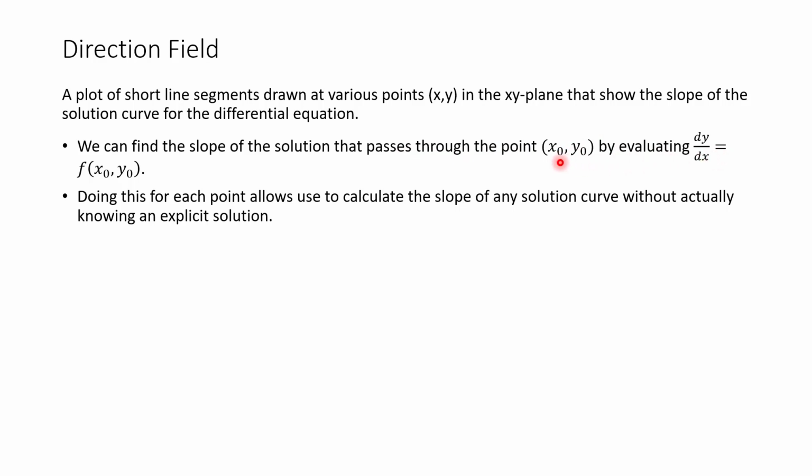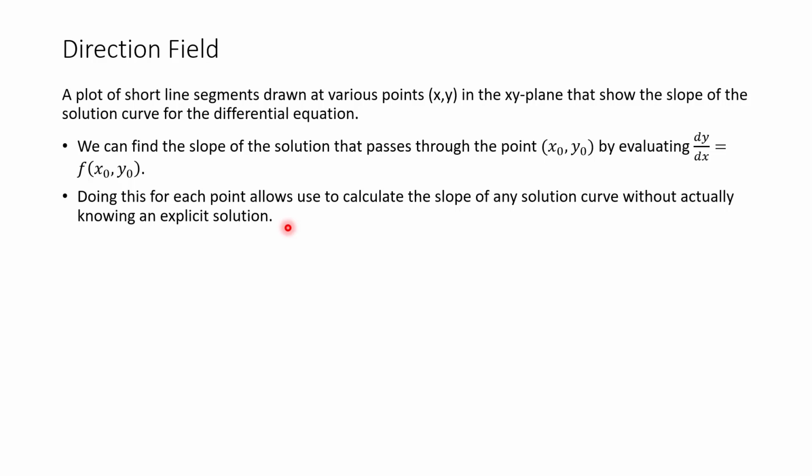We know from previous calculus that the slope is the rate of change, and so that's why we take the derivative at that point. Doing this for each point allows us to calculate the slope of any solution curve without actually finding or knowing the explicit solution.